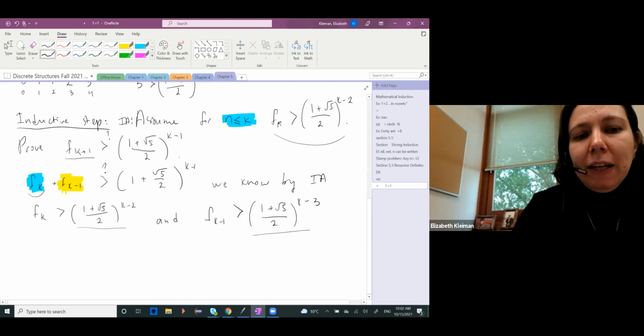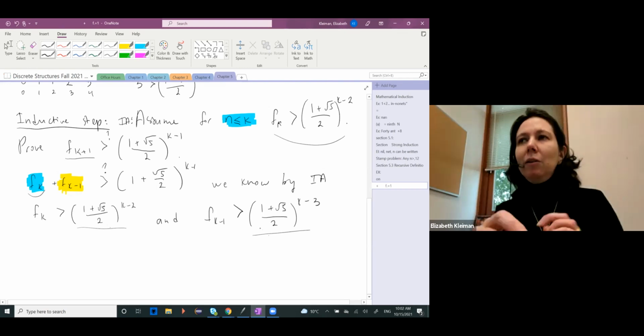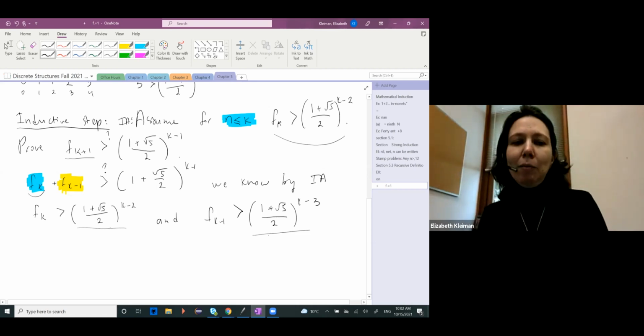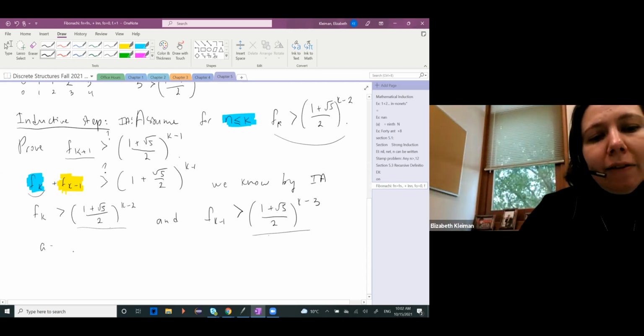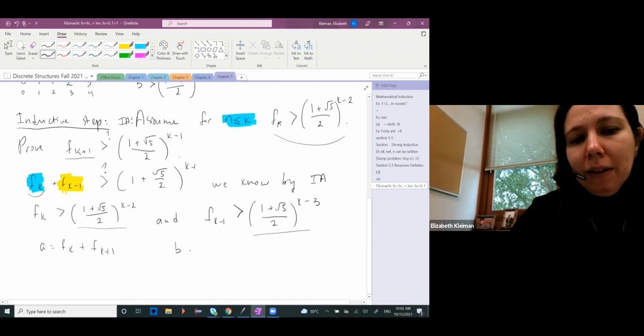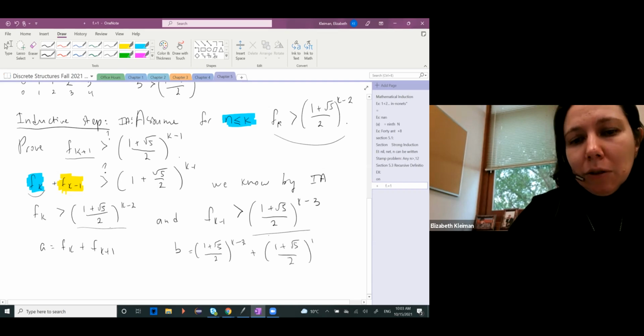So if I replace f_k with that and f_{k-1} with that, will the sum of those two numbers be smaller or larger? If I call A f_{k+1}, and B is going to be (1 plus square root of 5 over 2)^(k-1) plus (1 plus square root of 5 over 2)^(k-3).